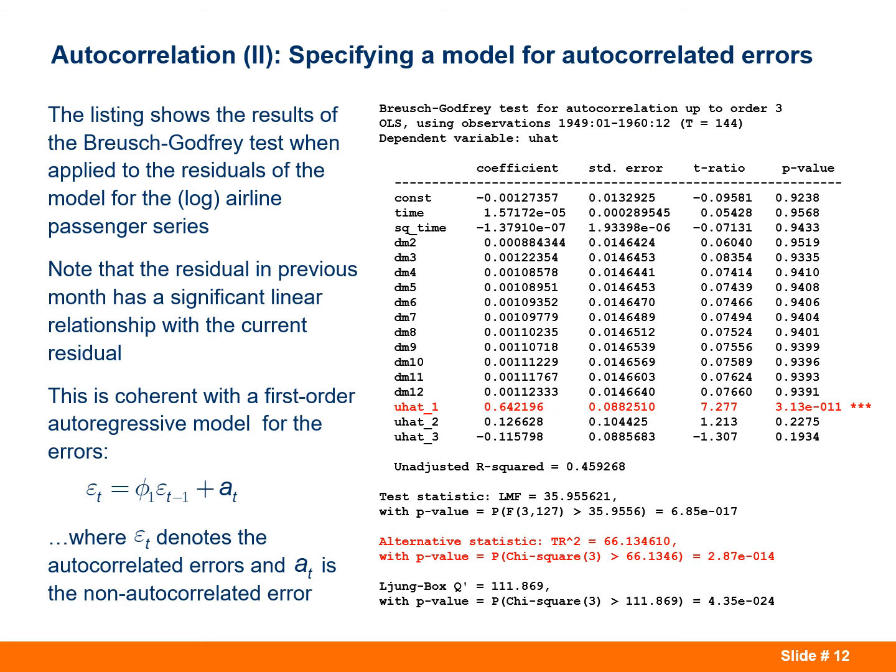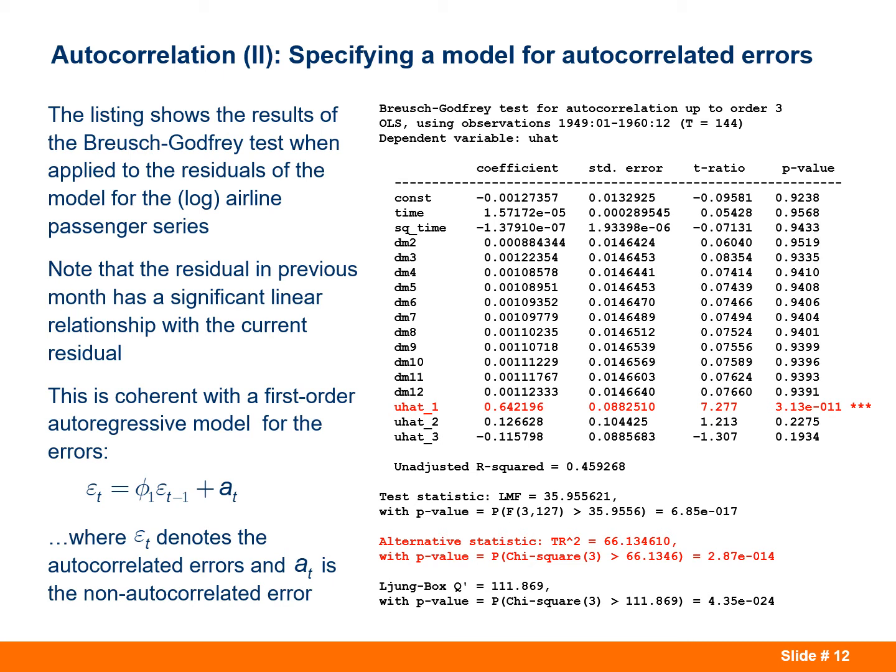As you remember, a few slides ago I showed you a regression of the log number of airline passengers against time and time squared, with a constant term, and 11 dummy variables representing 11 months in the year.